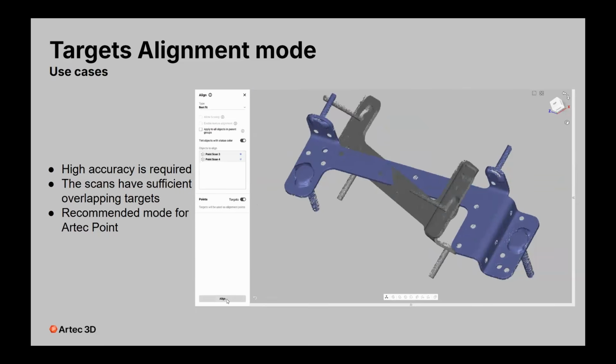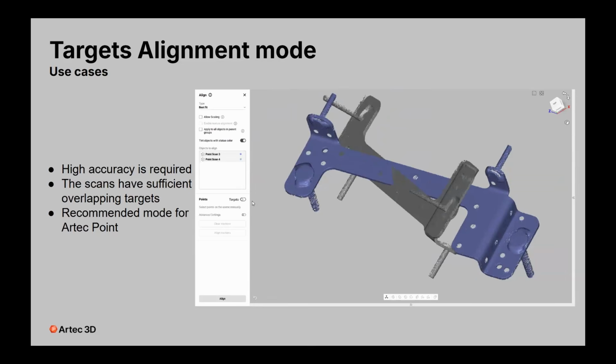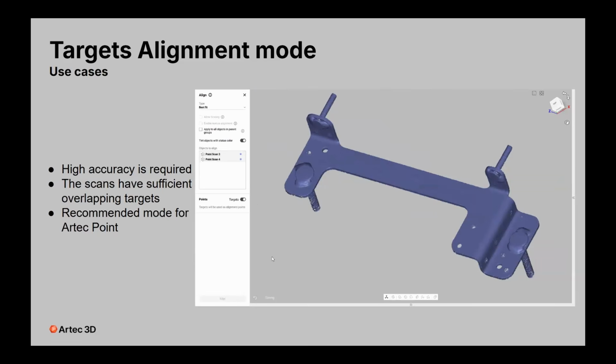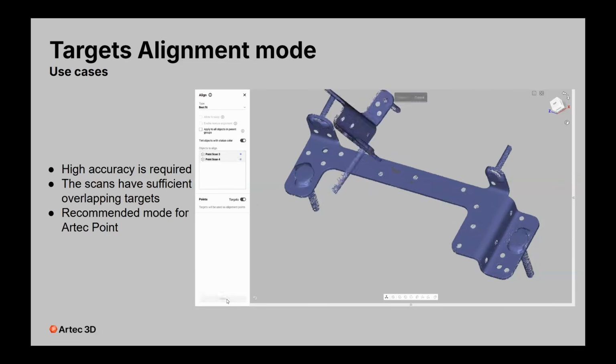So this is the mode that we do recommend. In case you're applying targets to the object itself, then it is the mode that you should be using for the alignment.